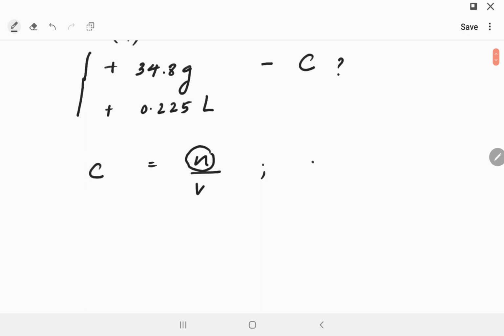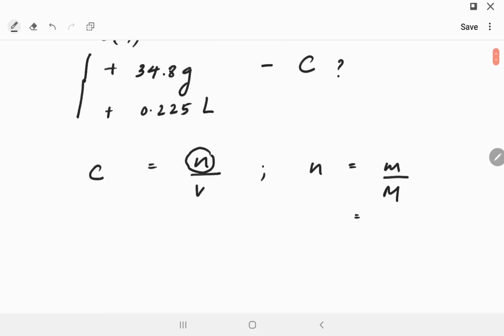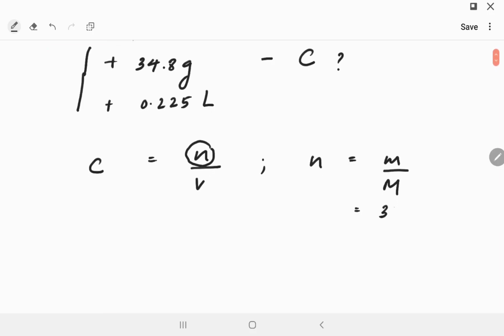Because n is not known, we will use the n equals m over M equation to figure out the number of moles. The mass here is 34.8 grams, and the molar mass is that of potassium nitrate.